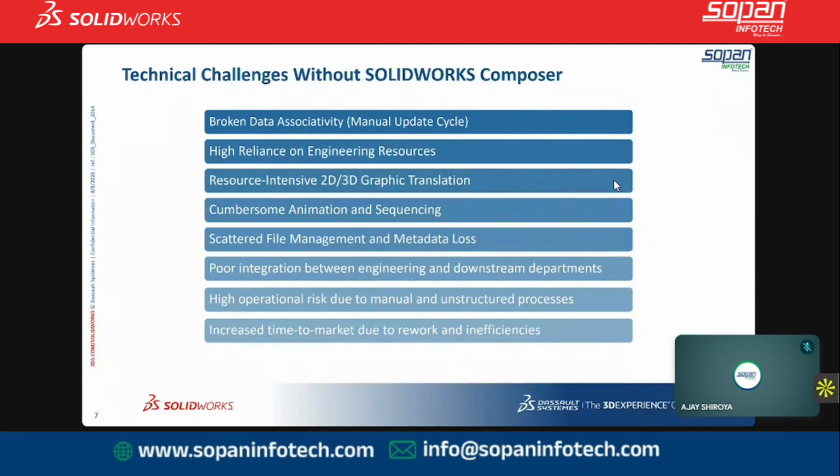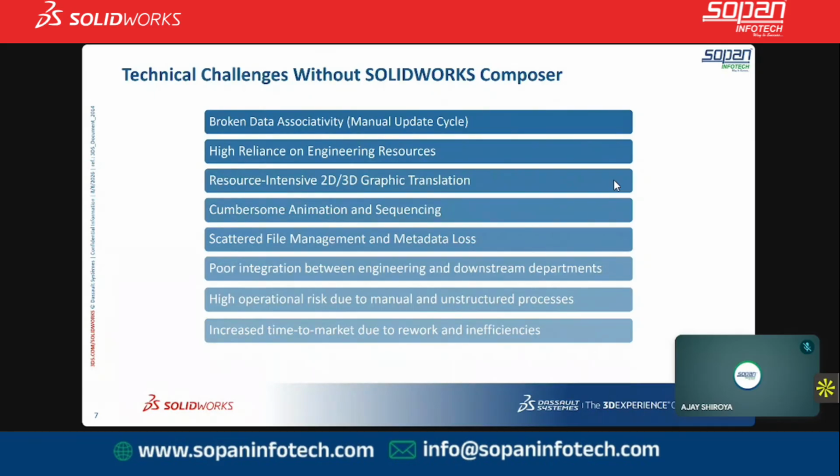We also have scattered file management and metadata loss. Whatever custom property you define in the model, you can also generate in this Composer BOM, which is otherwise difficult to maintain.